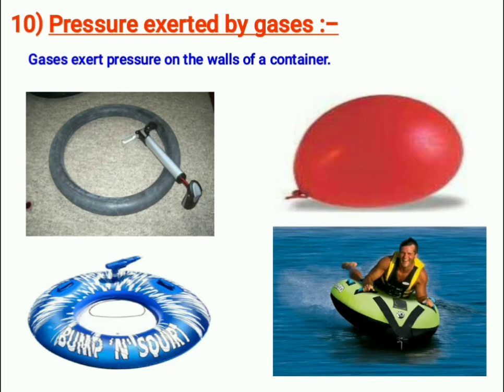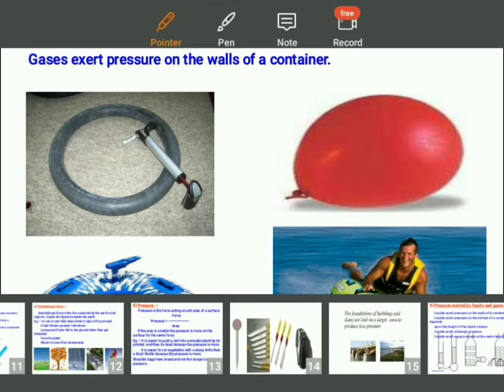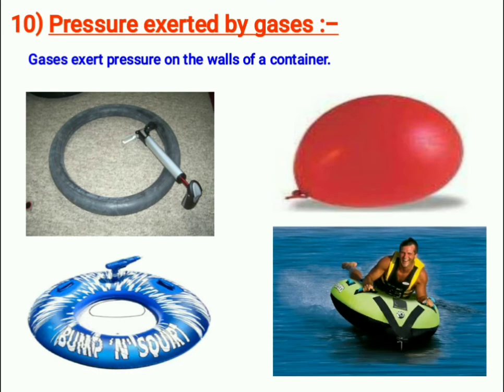And you have to understand that, see here, in the atmosphere also there will be pressure. The gases in the atmosphere also will exert pressure, and at the same time the air that is there in the balloon also will be exerting pressure.